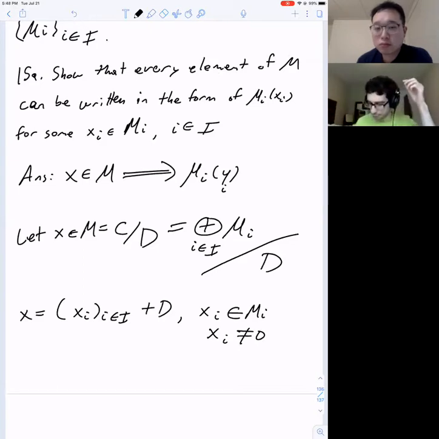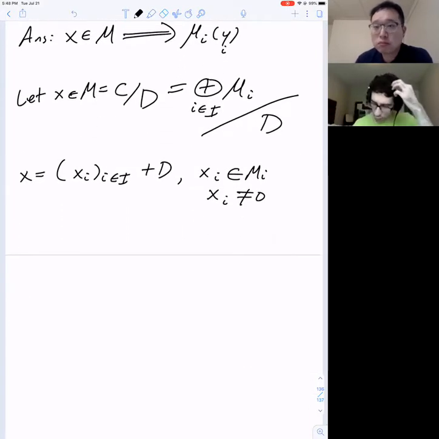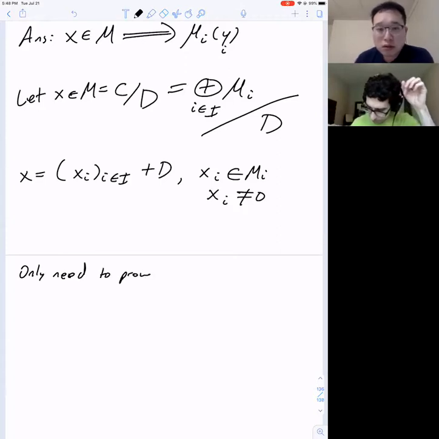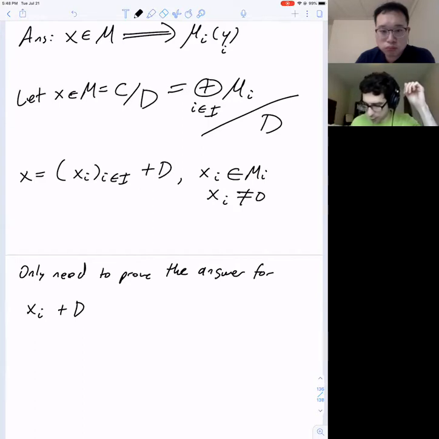So x is just some tuple of these elements from Mi which are non-zero. Only finitely many of them are non-zero. So I only need to prove the answer for xi plus D. If I prove it for xi plus D, then I just add everything together.